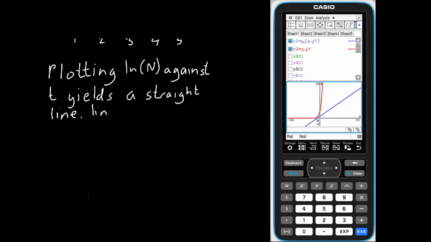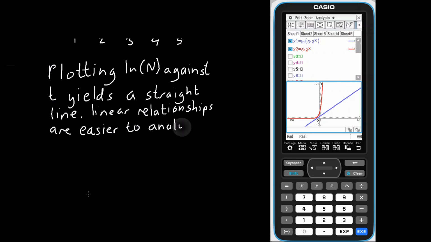Linear relationships are easier to analyze compared to exponential.